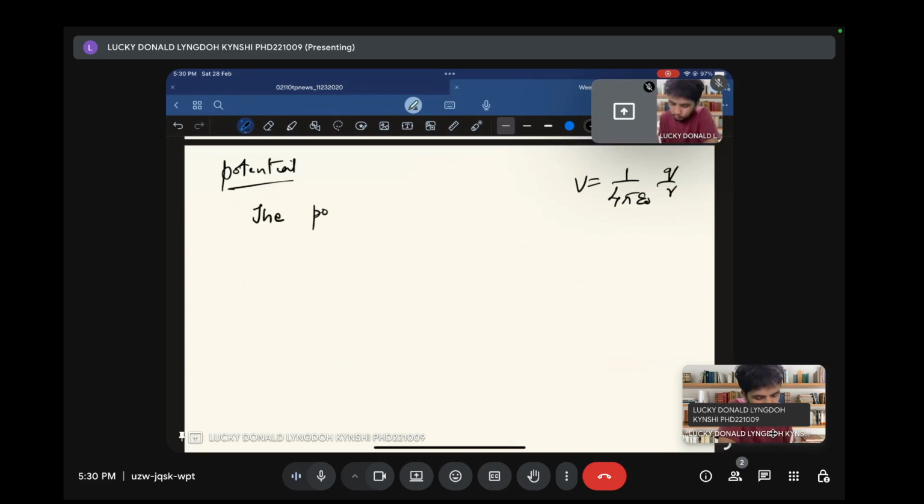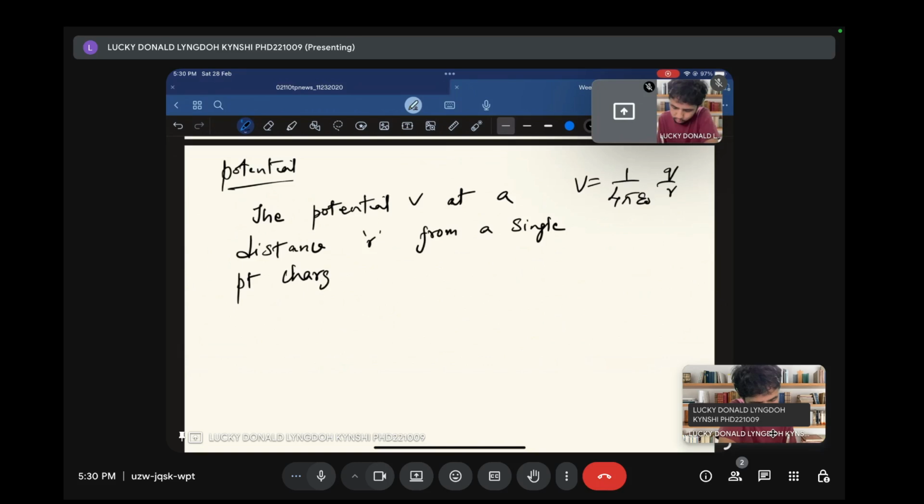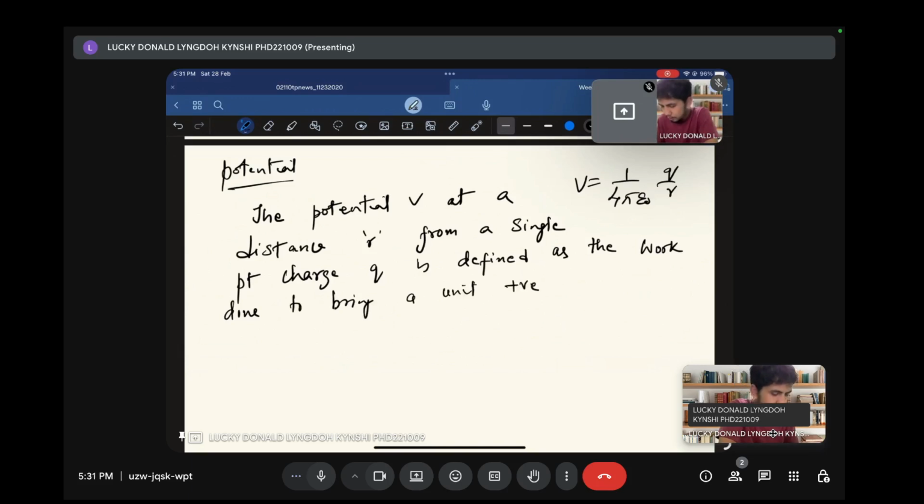The potential v at a distance r from a single point charge q is defined as the work done to bring a unit positive charge from infinity to that point.